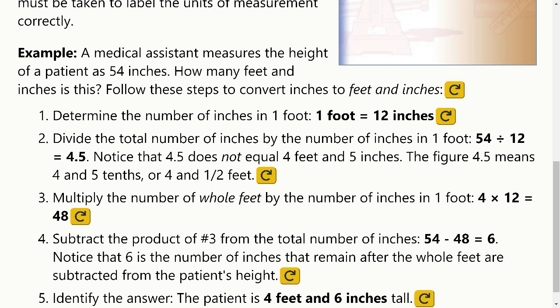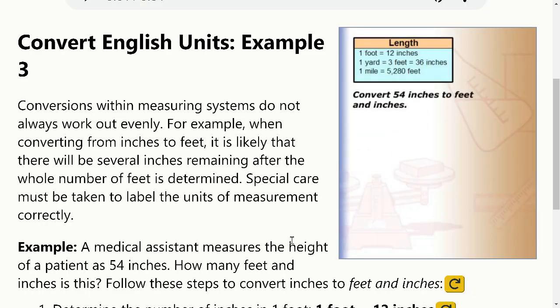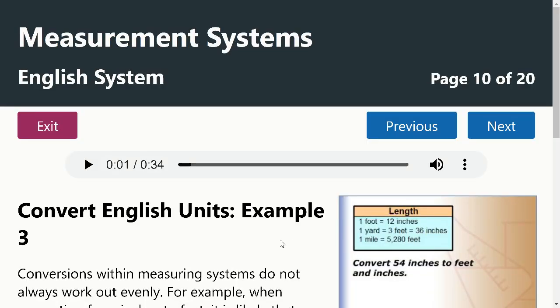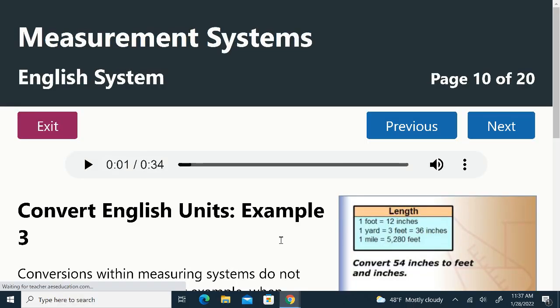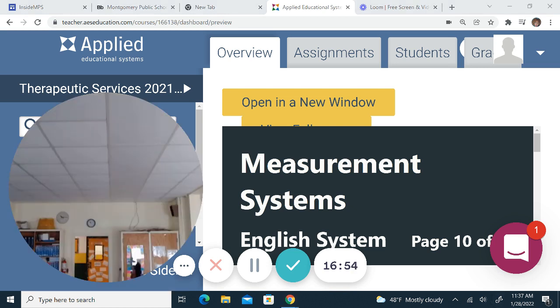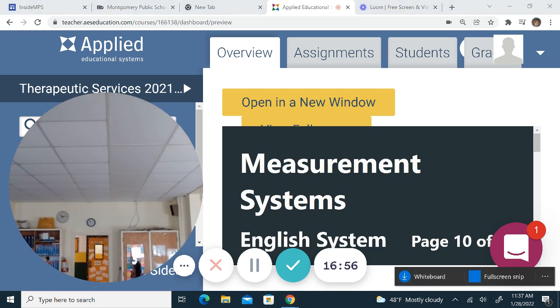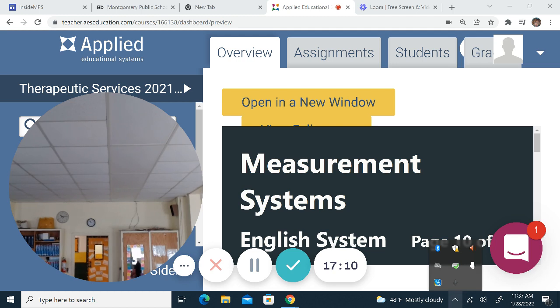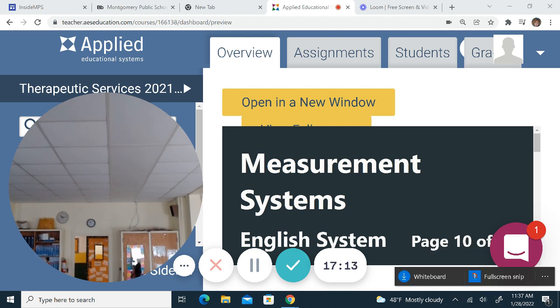Mm-hmm. Okay. I'm not a math teacher. I don't know if you got a smart board capable. Let me see. Let's see if we can figure this out. It says installing, whatever that means. Let's see. It still says installing.